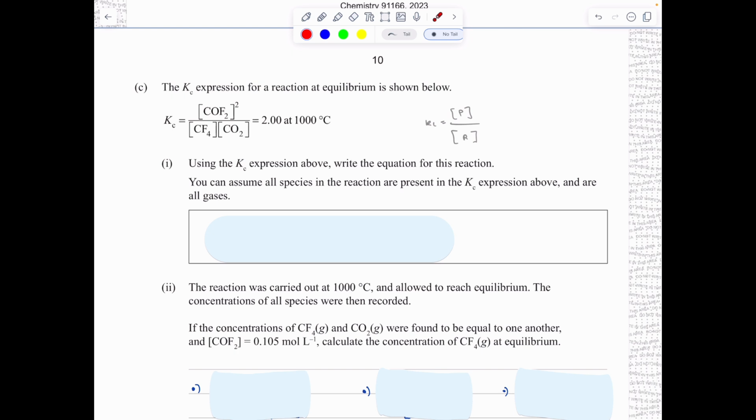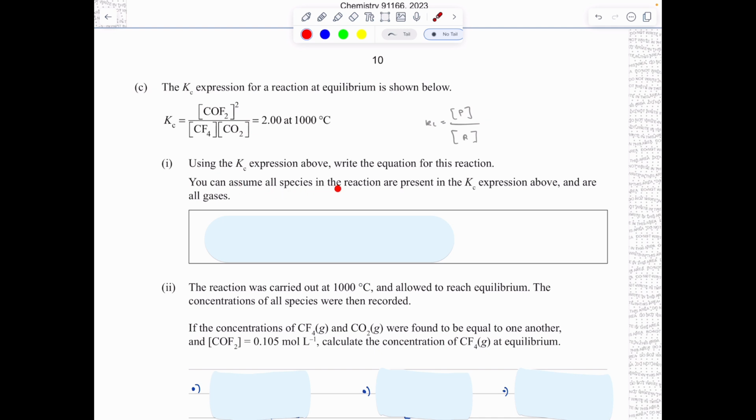All right, next part. The Kc expression for a reaction at equilibrium is shown below. Okay, so remember, Kc is products over reactants. The Kc in this instance, the equilibrium constant, is 2 at 1,000 degrees. Using the Kc expression above, write the equation for this reaction.